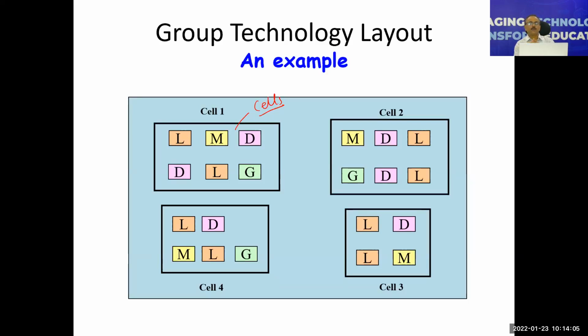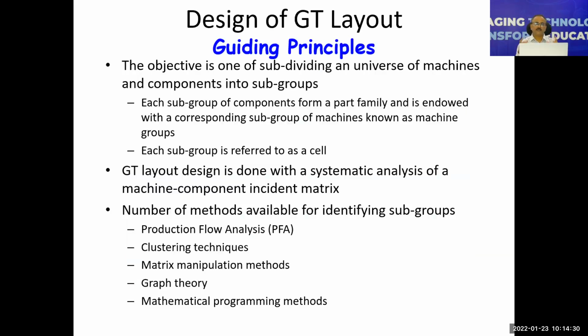Whatever machines are required to process those parts can be formed as a cell, and different cells can be formed so that those cells will be dedicated to those part families. So we can have a number of techniques by which we can form different part families, and based on that decide which machines will process the particular part families.